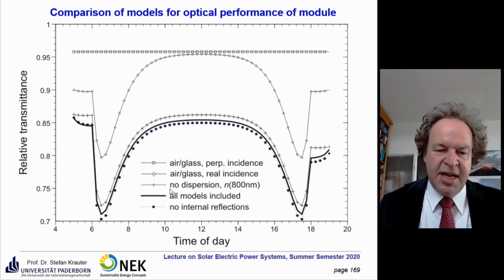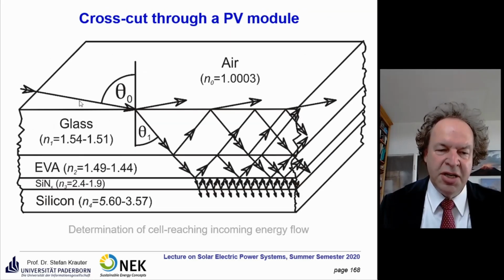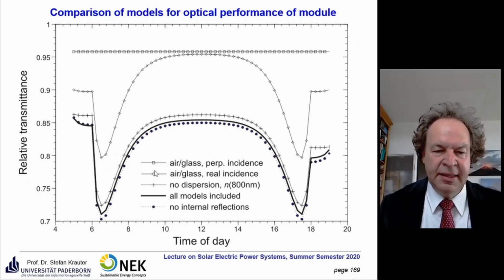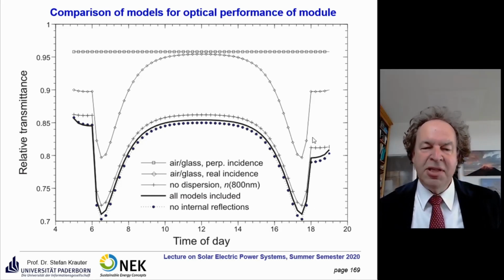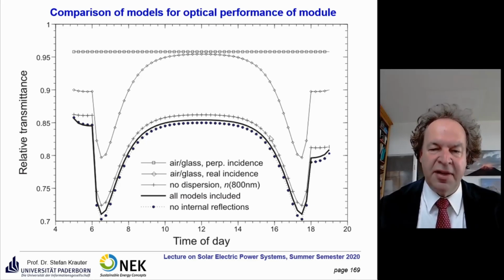Then the next stage of the model is that you consider all three stages here, not only this reflection, but this reflection and this reflection. And this is represented here, but we didn't consider dispersion. Dispersion means that the optical properties change at different wavelengths.